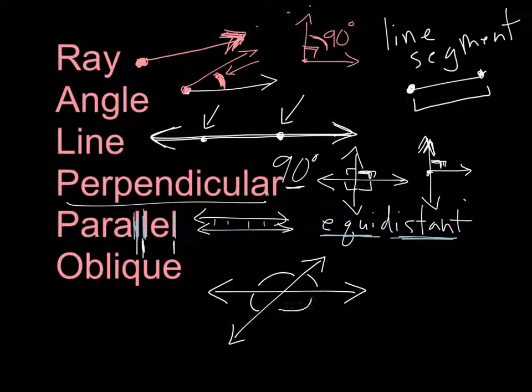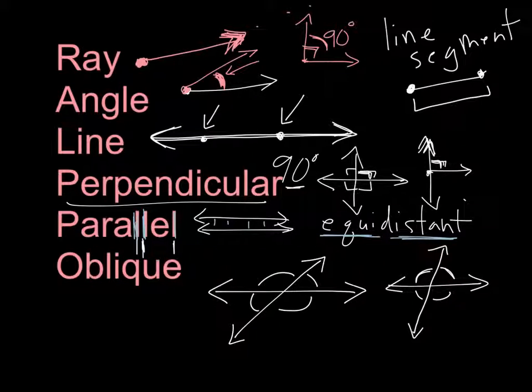Acute and obtuse. So that would be an oblique intersection, or oblique lines. They can intersect in a number of ways. They could be just a little bit away from 90 degrees, but I noticed that these are definitely not 90-degree angles. I have some that are obtuse and some that are acute.